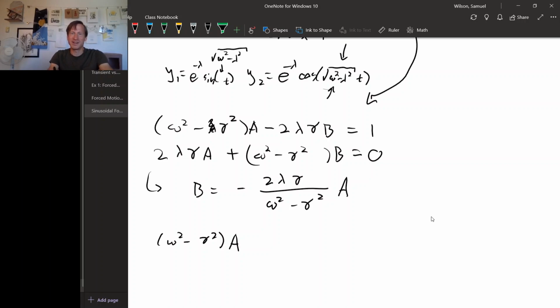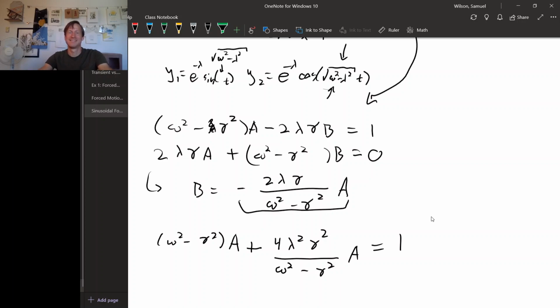And now we have to plug in this mess for B. So plus 4 lambda squared gamma squared over omega squared minus gamma squared, A, equals 1. Okay.